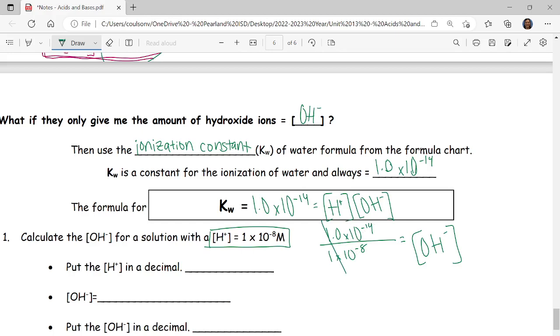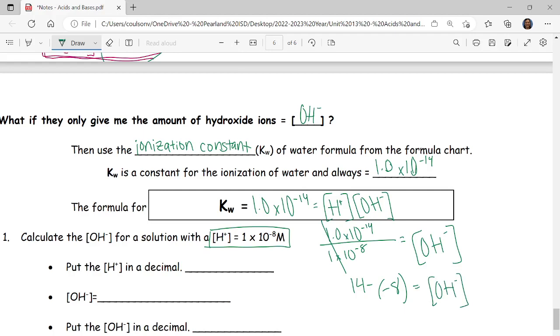If I am dividing exponents on the same base, I subtract those exponents. So we're taking negative 14 minus a negative 8, and that will equal the exponent of my hydroxide ion concentration.